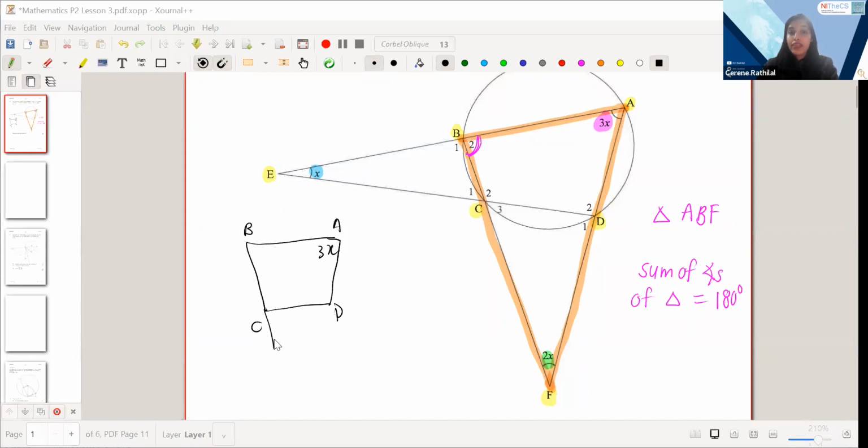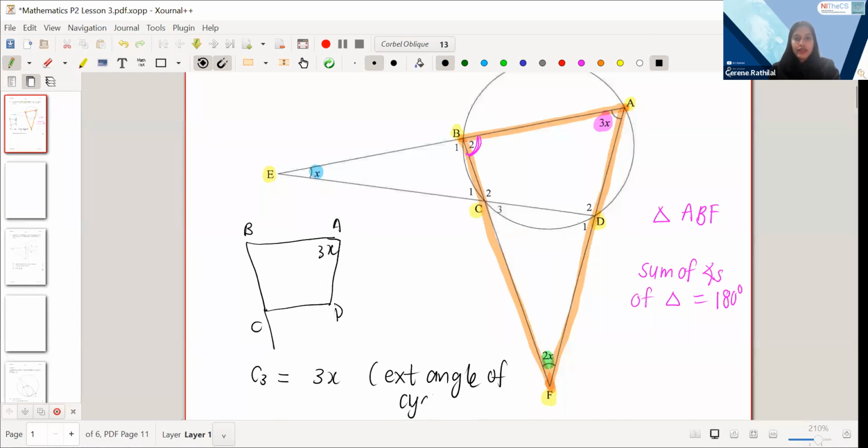What do you know about the exterior angle of the cyclic quadrilateral? In this case, we know that C3 equals 3x. Do you all agree? Because of the exterior angle of the cyclic quad.